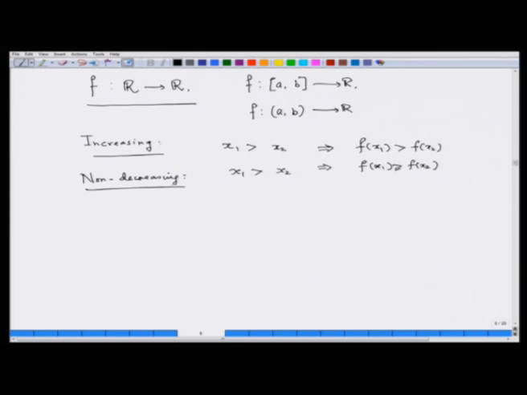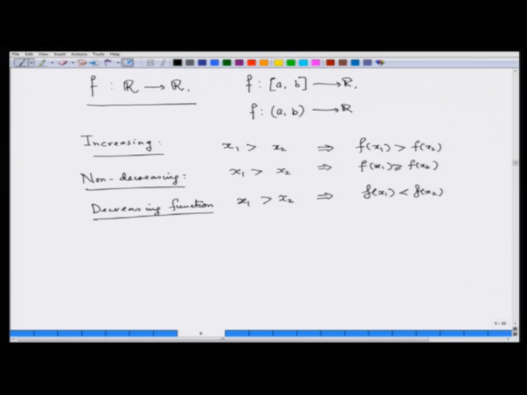Similarly, you can talk about decreasing functions. For example, in that case, whenever x1 is strictly bigger than x2, you have f of x1 strictly less than f of x2.